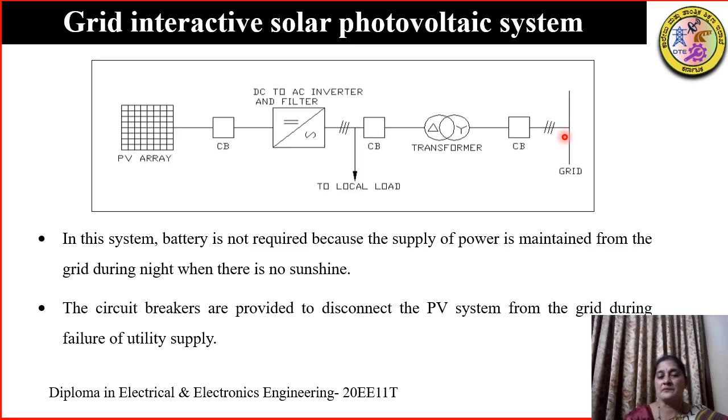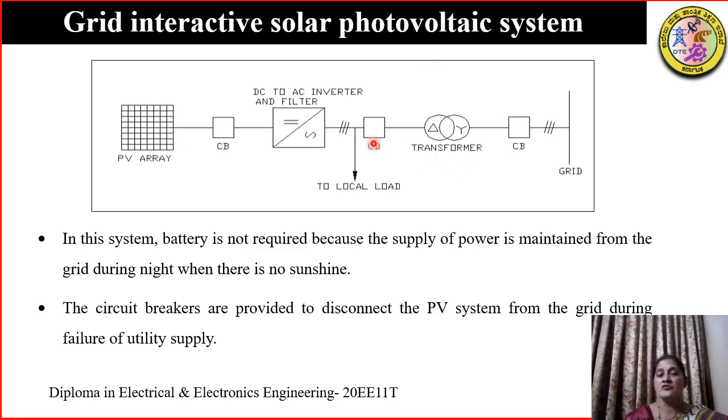But there's a problem. The voltage of the grid may not be equal to the voltage at the inverter. So the AC output of the inverter has to be modified to match the grid voltage. This is done with the help of a transformer. A transformer is a device which can increase or decrease the voltage level.